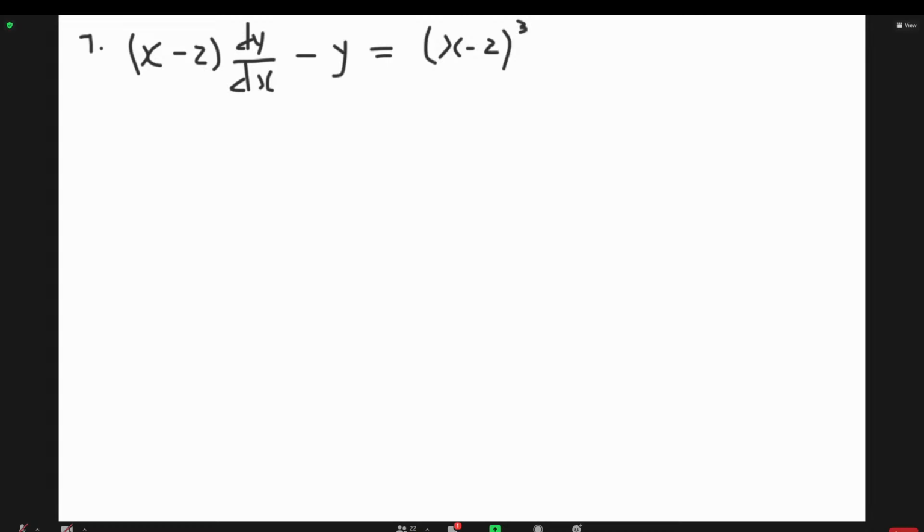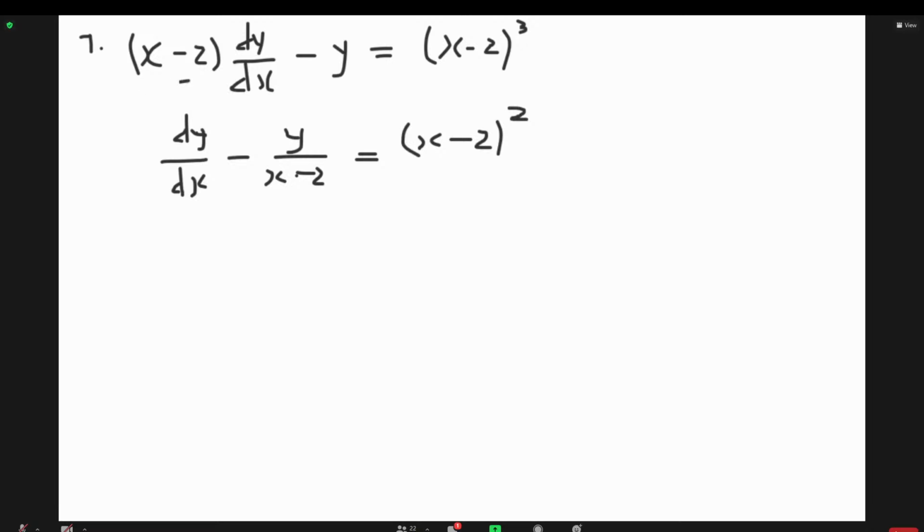All right. Same strategy. dy dx minus y over (x minus 2) is equal to (x minus 2) squared. All right, because when this comes on this side, it's going to cancel.